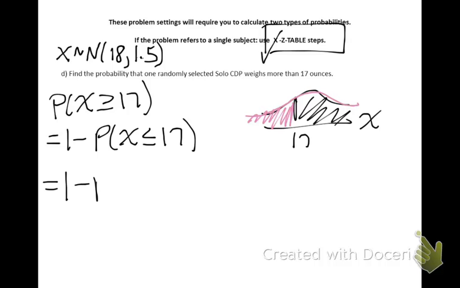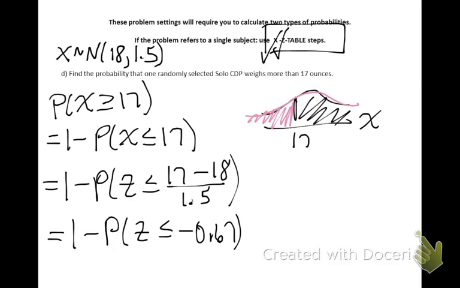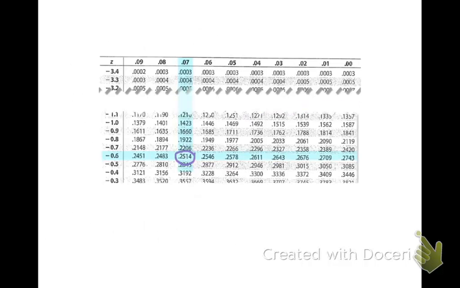This is 1 minus the probability that Z is less than or equal to the observation minus the mean of 18 divided by the standard deviation of 1.5. This simplifies to the probability that Z is less than or equal to negative 0.67. We've converted to the Z. We're now ready to go to the table. Negative 0.67.